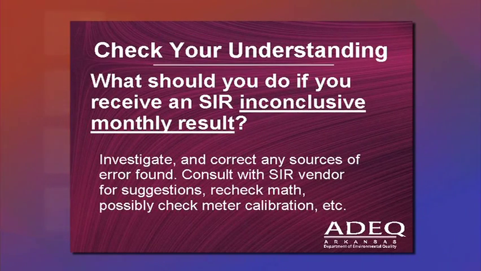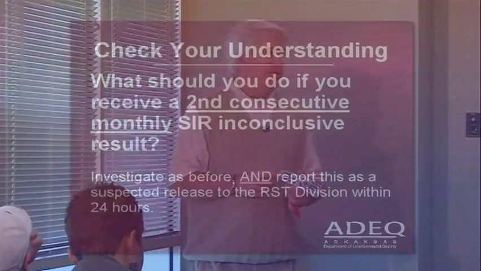So, one more time, what should you do if you receive an SIR inconclusive monthly result? You have to investigate and correct any sources of error found. You can consult with the vendor for any suggestions he might have on how to fix the problem. But like I said, in most cases, if you're seeing it on a month-to-month basis, you need to go and get your meters calibrated.